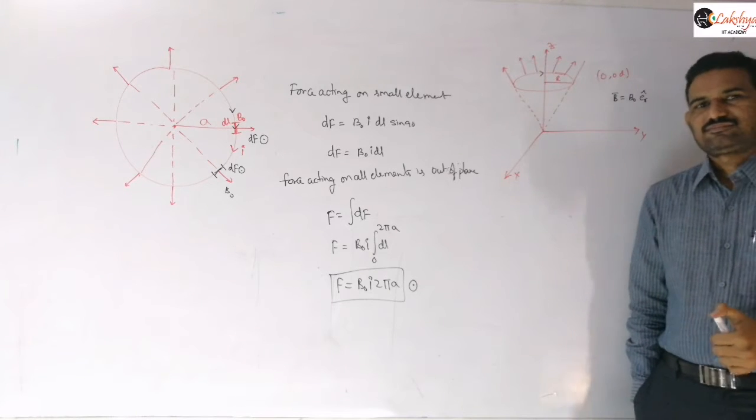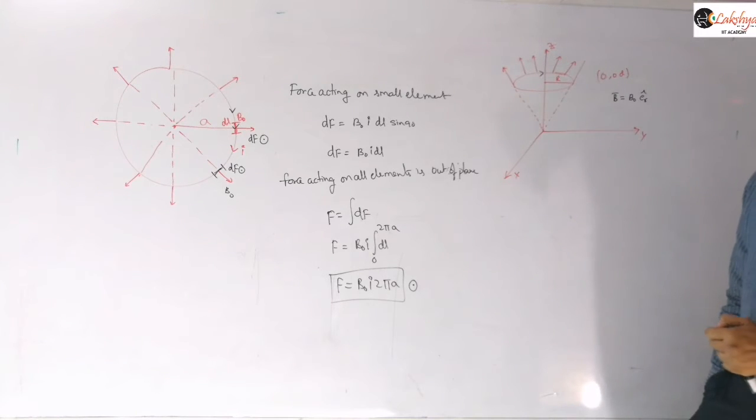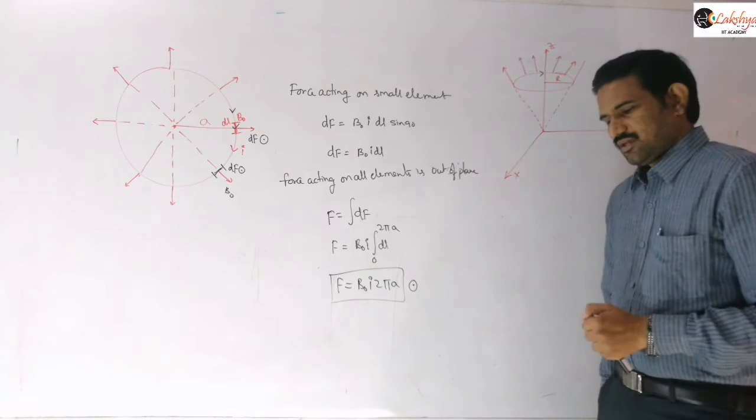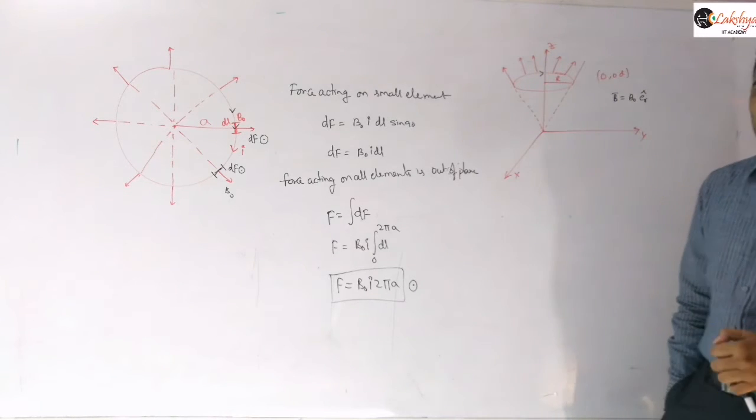Then find the magnetic force acting on the circular loop. Find the magnetic force acting on the circular loop.